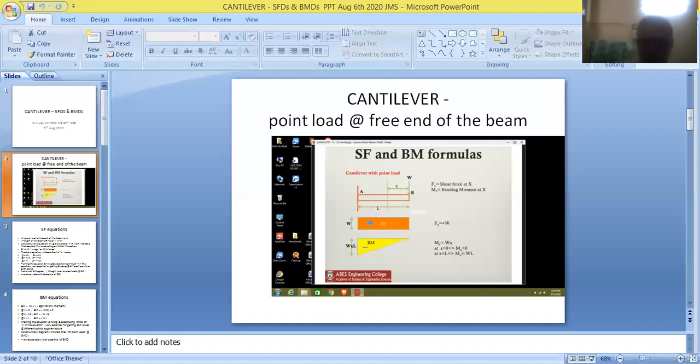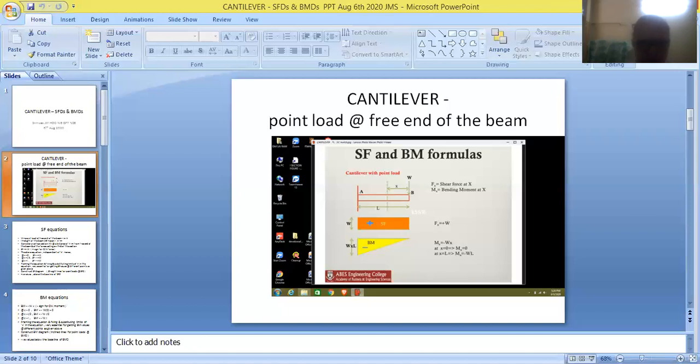So friends, we got all positive values in the case of shear forces. So therefore, these values are plotted above the baseline of the shear force diagram. And we got all negative values in the case of bending moment values.